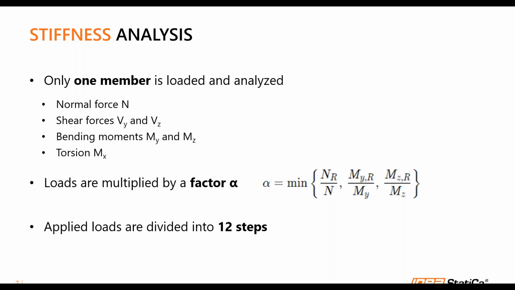It takes the resultant value and divides these applied loads into 12 individual steps. The load is then applied in these steps, and once the connection reaches or is near its resistance, those steps are refined and applied again, and of course the analysis is finished when one of the conditions is fulfilled.